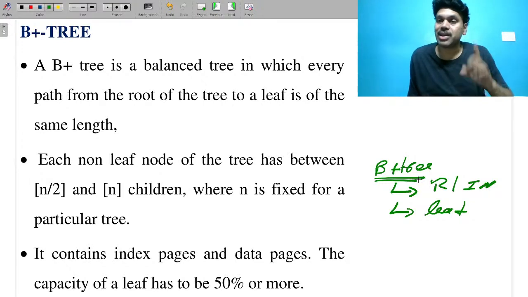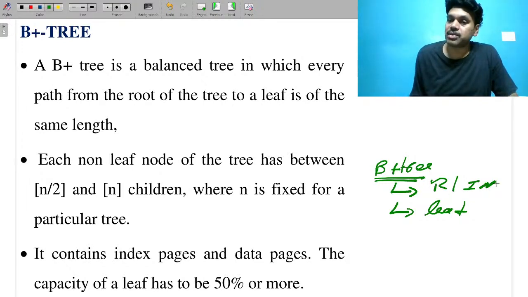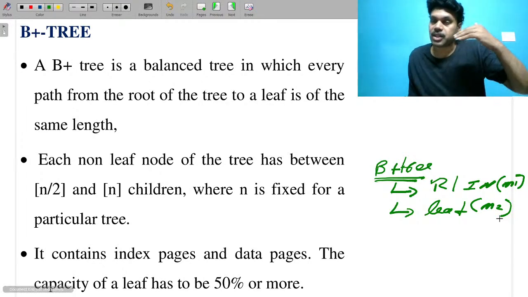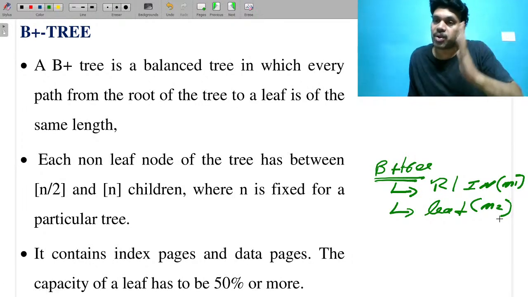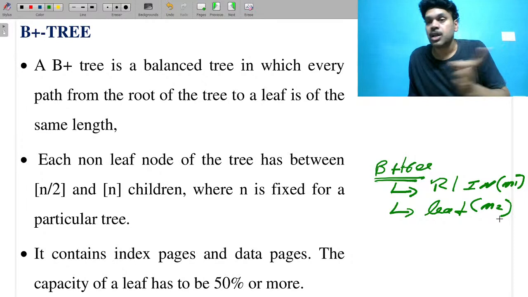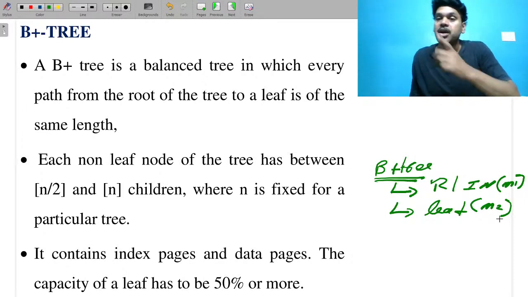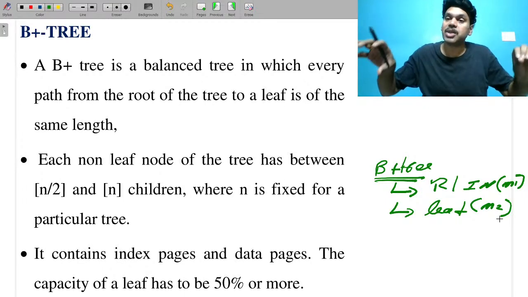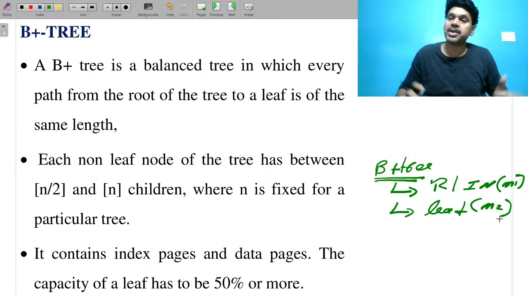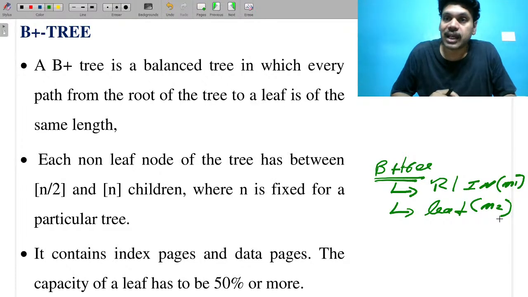But in a B plus tree, as I maintain 2 orders, one is for root and internal nodes and one is for leaf nodes. So you will see that the structure of the leaf node is different from the structure of root and internal nodes, because the leaf node alone maintains the record pointers. Root and internal nodes do not have record pointers. That's why you need to learn 2 different structures: one for root and internal nodes, another for a leaf.